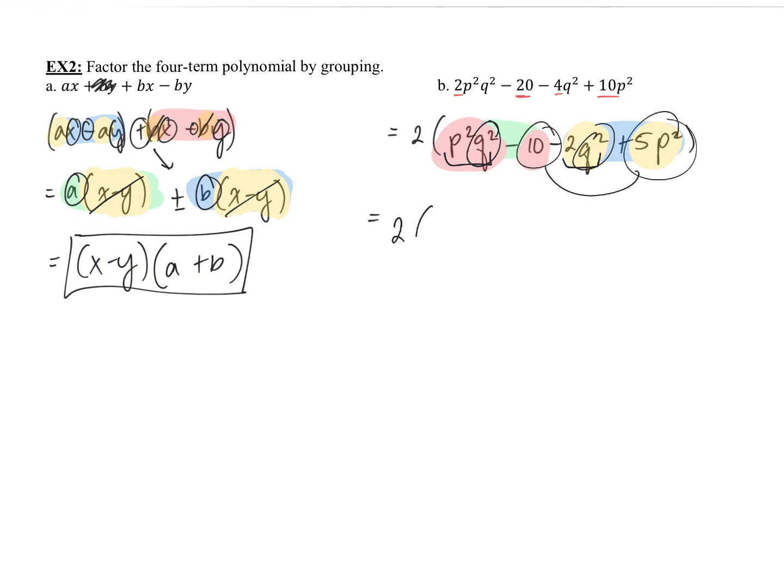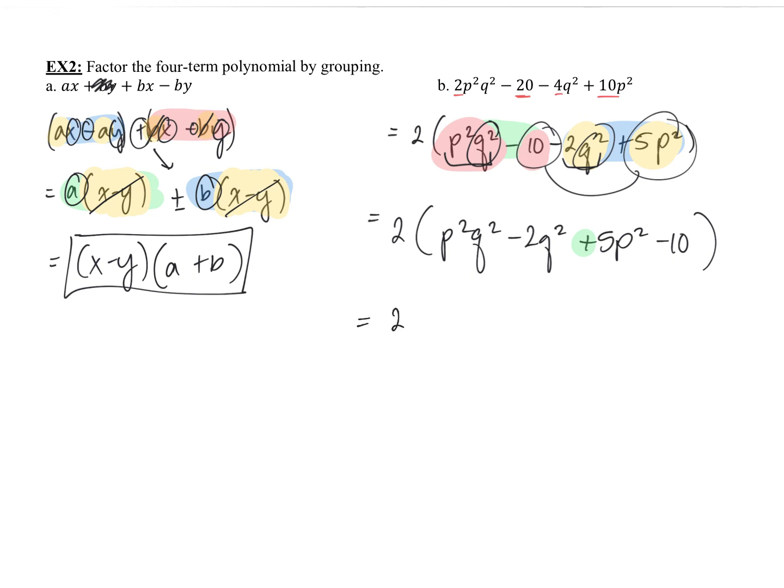Okay, so once again, what am I doing? I am rearranging things. So I'm going to go ahead and pair the negative 2q squared, and then pair the 5p squared and the 10. Okay, so when I rearrange it like this, I no longer have a negative sign in the middle of my terms, so I don't really have to worry about that switching signs thing.